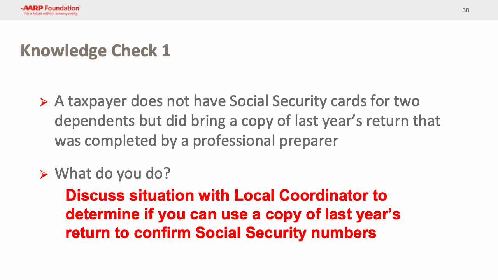Well, what we should do is discuss the situation with the local coordinator to determine if you can use a copy of last year's return to confirm Social Security numbers. We would certainly do it at our site if we had prepared it the year before, but with a professional preparer, or if the taxpayer did it themselves, then that's a decision for the local coordinator to make.